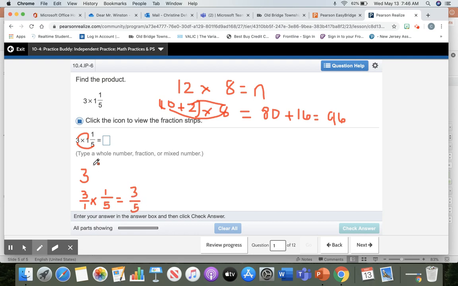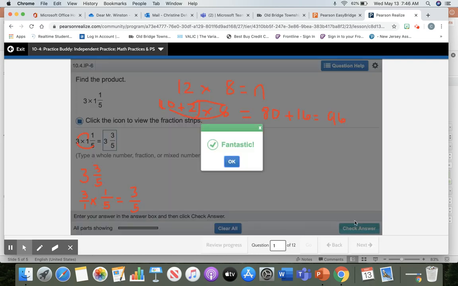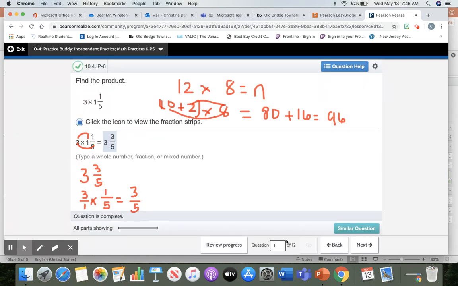So my answer would be 3 and 3/5. So I'd come over here, I would type in the box, and I would type a 3. Then of course I would need my fraction, so I would type 3/5. And I would check my answer and it would tell me, fantastic, I did a great job.